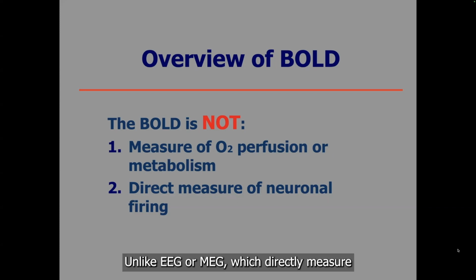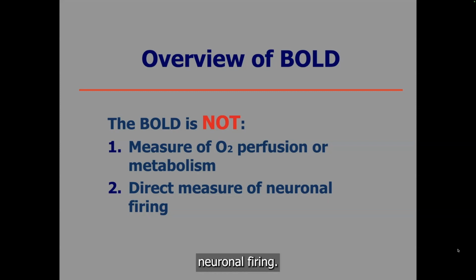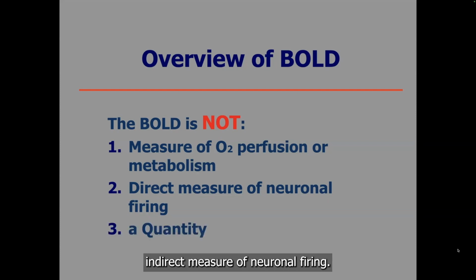Unlike EEG or MEG, which directly measure the electrophysiological changes related to axonal propagation, BOLD is a measure of flow, which is related to neuronal firing. And so we call it an indirect measure of neuronal firing.